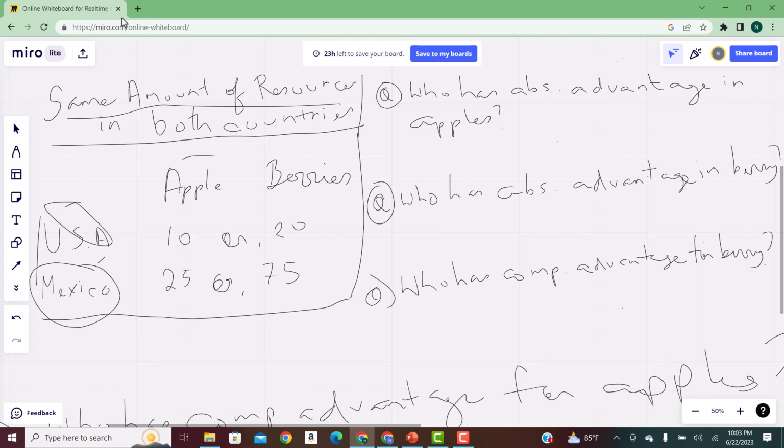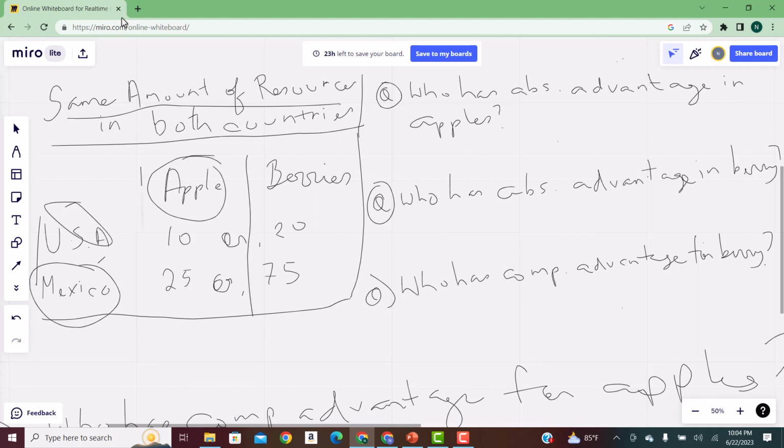Now we're going to come to the questions. The first question is: based on the absolute advantage model, who has absolute advantage in the good apples? We are asking which country has absolute advantage and why. Looking at apples, forget about berries.